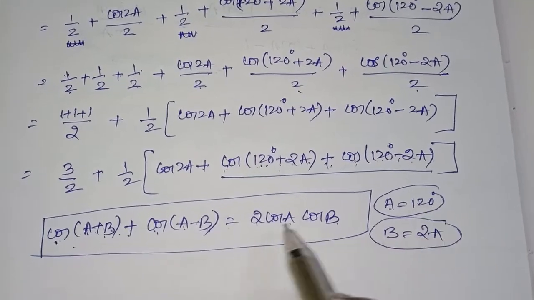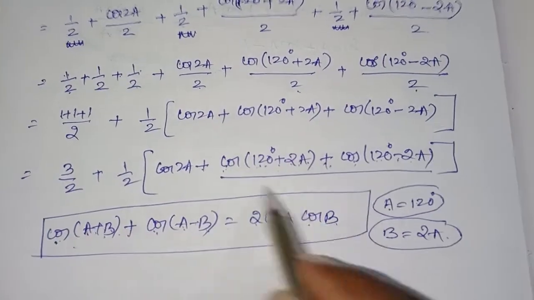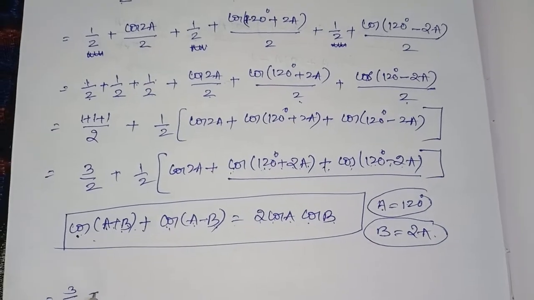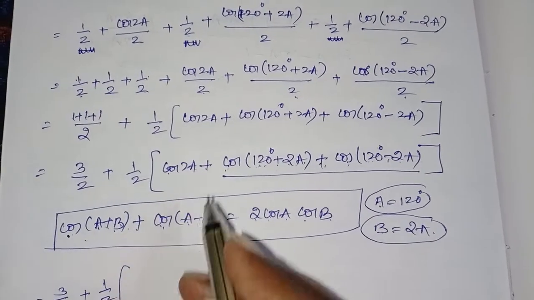Substitute A = 120 and B = 2a in the formula. First of all, write down this as it is. That is equal to 3/2 plus 1/2 multiplied into cos 2a as it is.